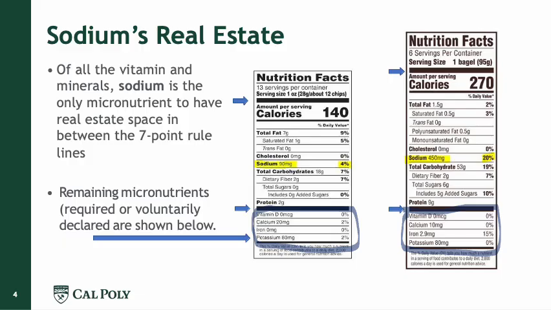But in some cases, some foods have supplementation with vitamins or minerals. They have fortification, like for example, cereals. So they have other vitamins and minerals listed, and sometimes it's a big list.